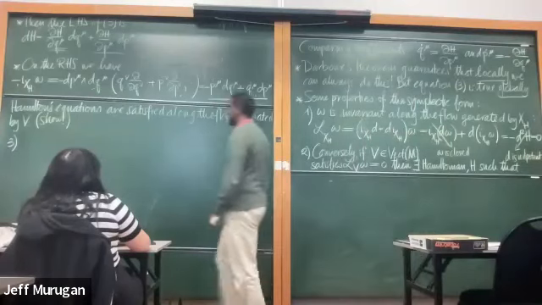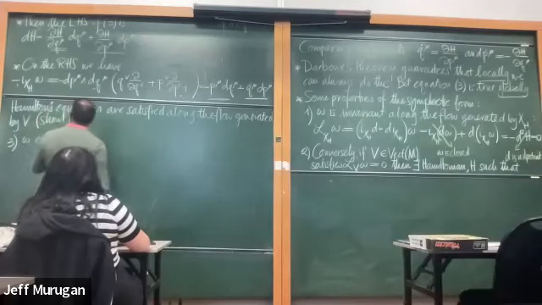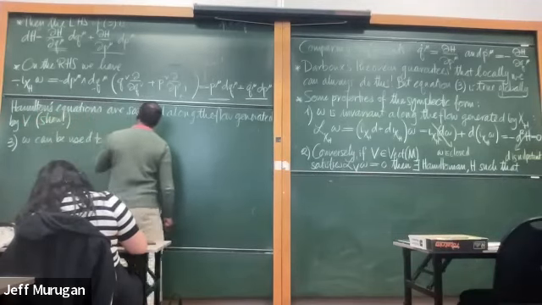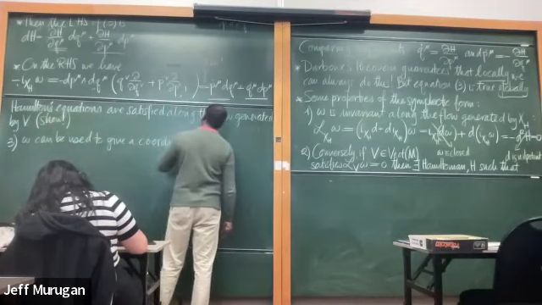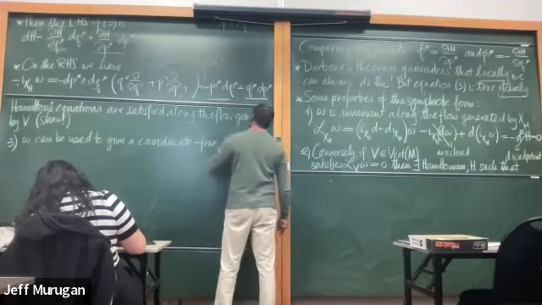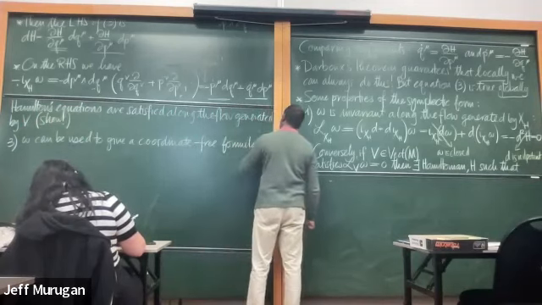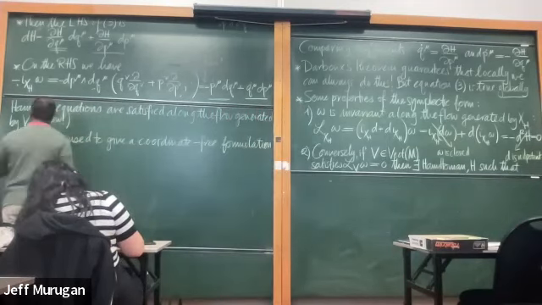So to do this, suppose I have two functions. So omega can be used to give a coordinate-free formulation of the Poisson bracket.